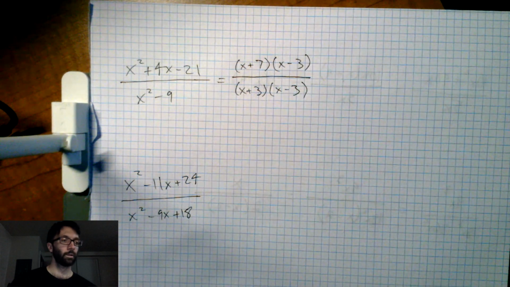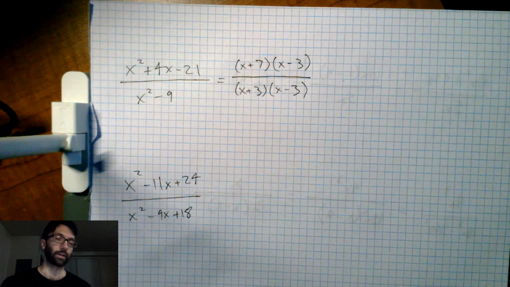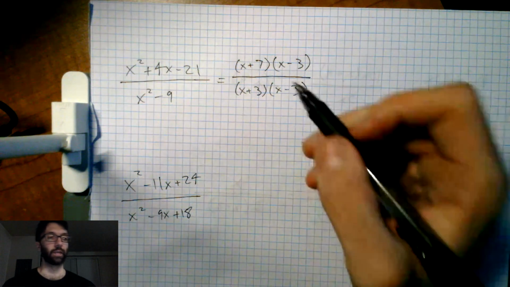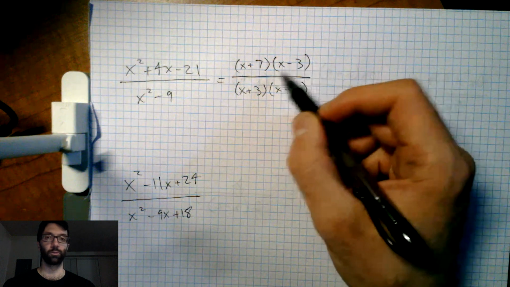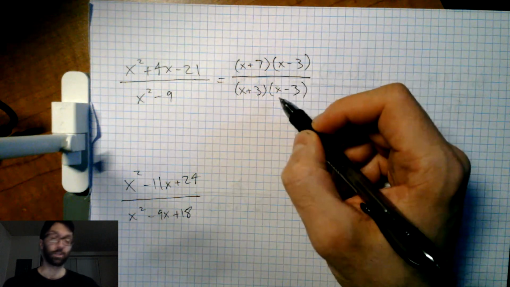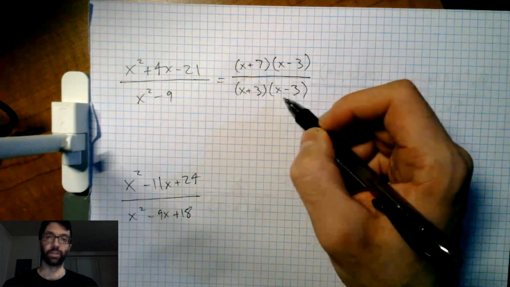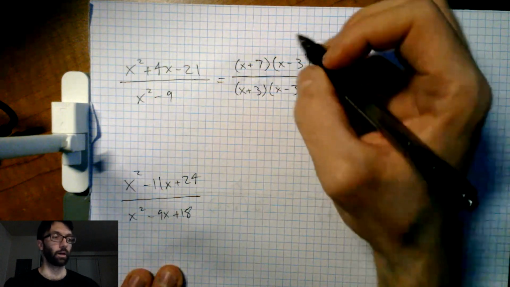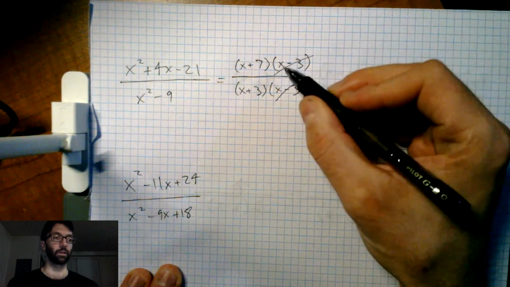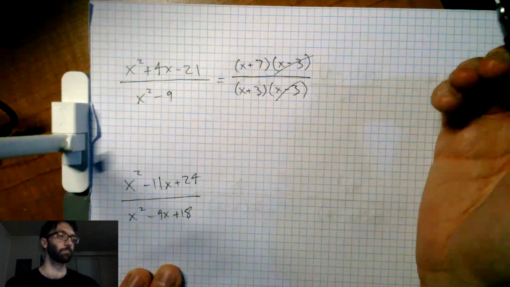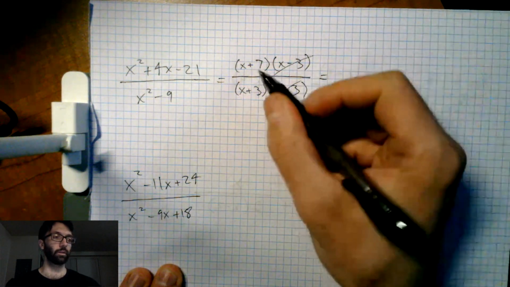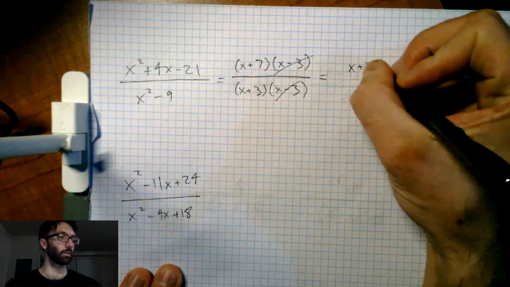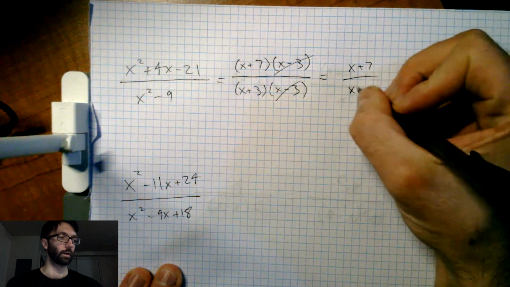And now we can look for factors to cancel. I see I have a factor of x minus 3 in the numerator, and I also have a factor of x minus 3 in the denominator, and so they will cancel because anything divided by itself is just 1. And what I'm left with is x plus 7 all over x plus 3.